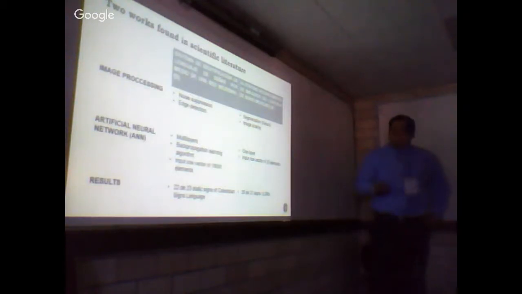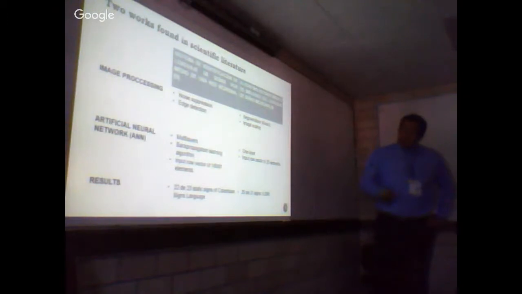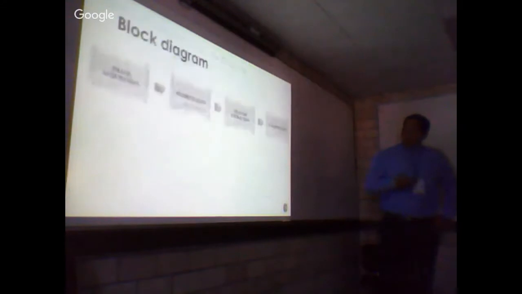The second is a one layer network, and the input is a raw vector of 25 elements. The result of the first work is 23 static signs for Colombian sign language, and the LSM work is 20 or 21 signs.